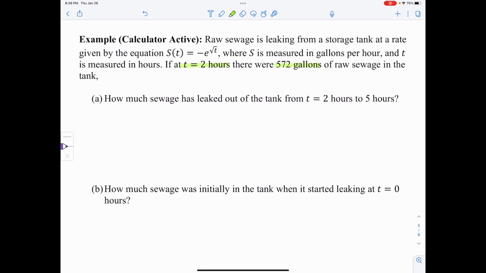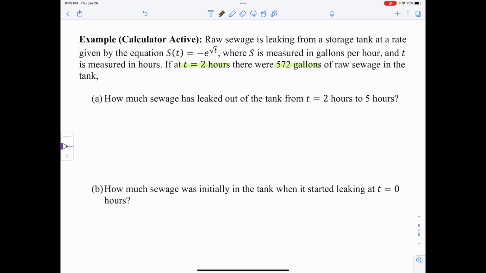How much sewage has leaked out of the tank from T equals 2 hours to 5 hours? Okay, so we want to know how much sewage has leaked out. All right.